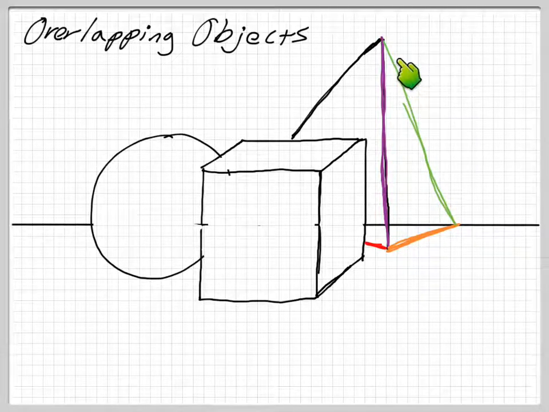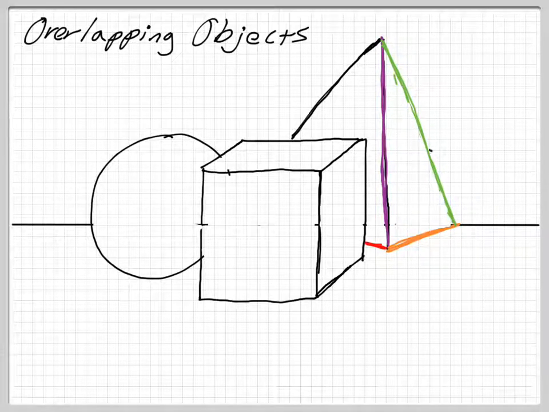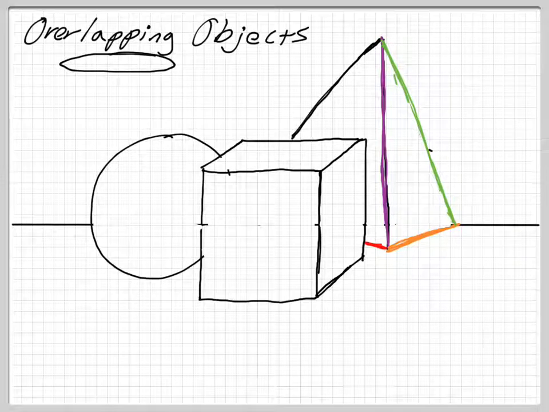And then go ahead and connect. And then, of course, we're going to get rid of the ground line going through the pyramid so it looks opaque, or not transparent, so you can't see through it. Just like that.